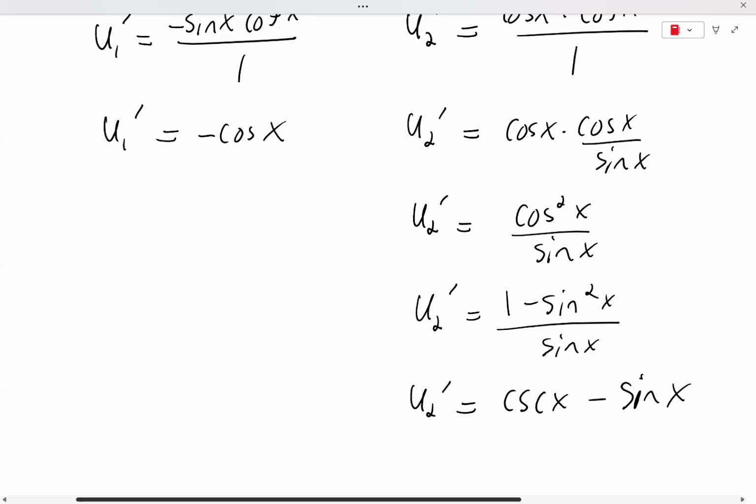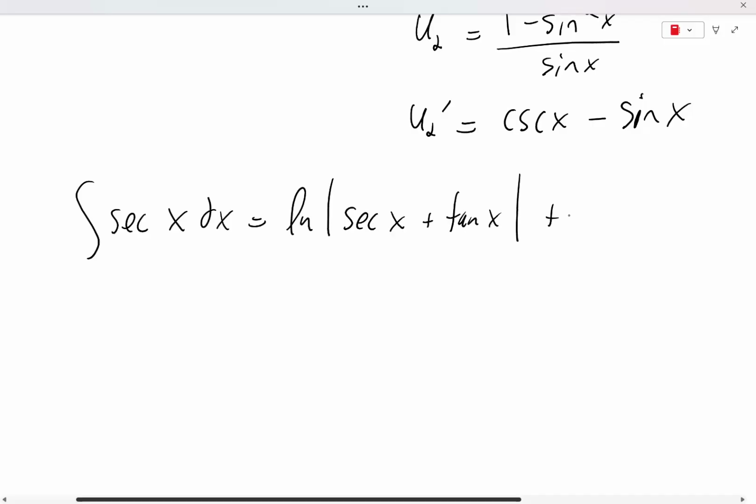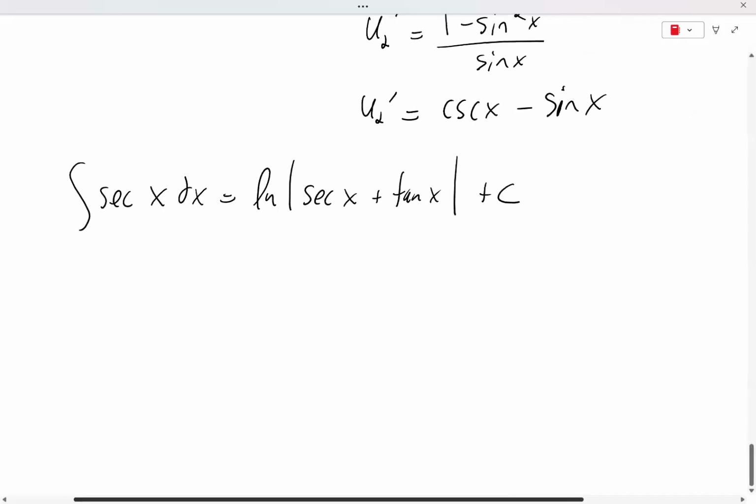Okay, so anything there so far? Now, for the antiderivative, this one's easy, right? And for the other one, I'm going to write a couple down here, for antiderivatives of different trig functions. I'll put these in a box. We saw these before, maybe not in this course, but at some other point. I've got 4 of them to write down. That's for secant. And the integral of cosecant x is equal to negative natural log.